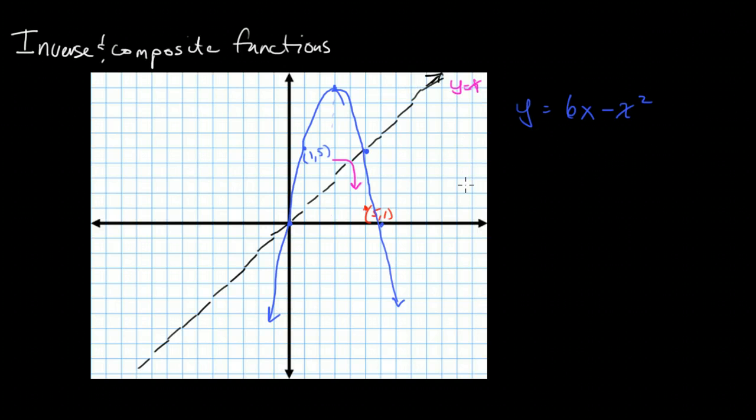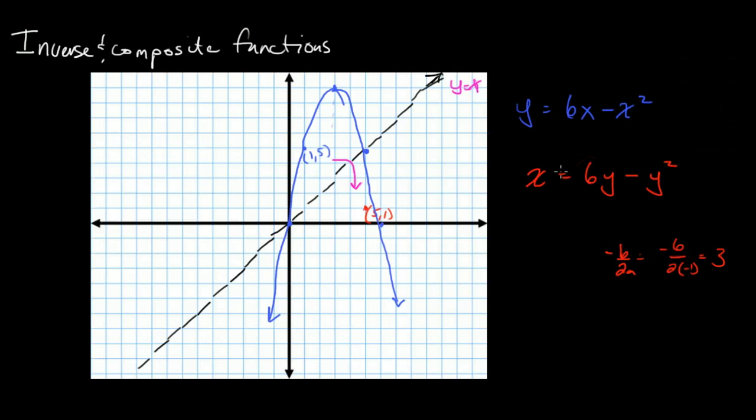Well, if I were to draw the inverse of this equation, which would say x = 6y - y squared, then we can try and find y at the vertex for this one. y at the vertex would be -b over 2a, so it would be the opposite of 6 over 2 times -1, or 3.